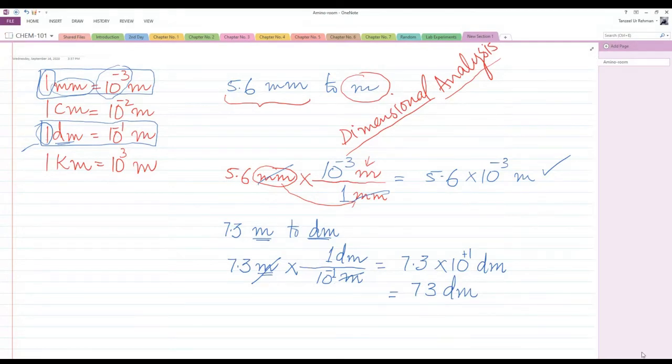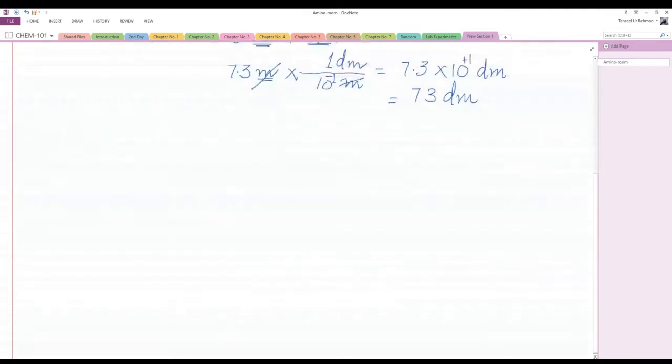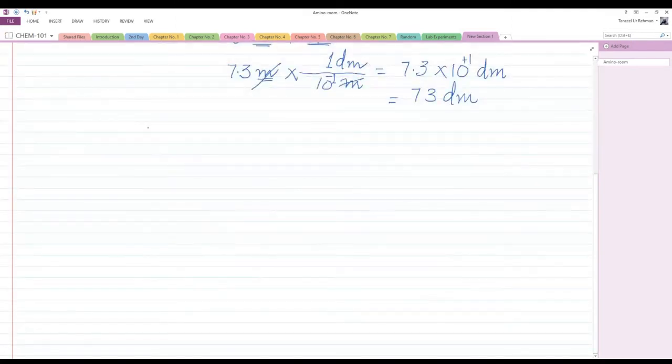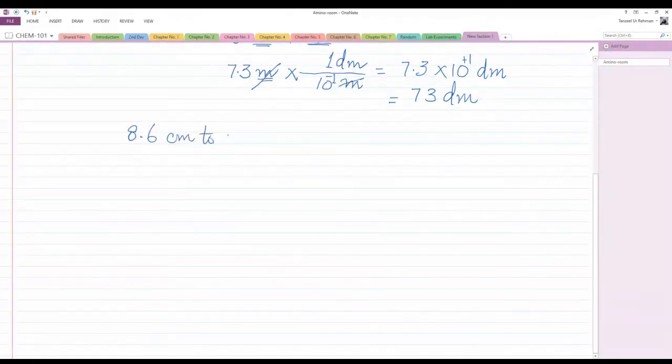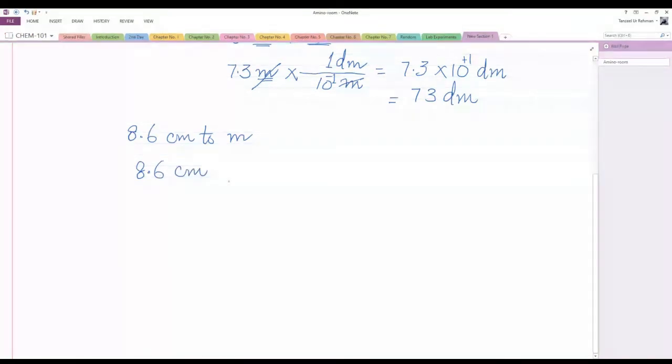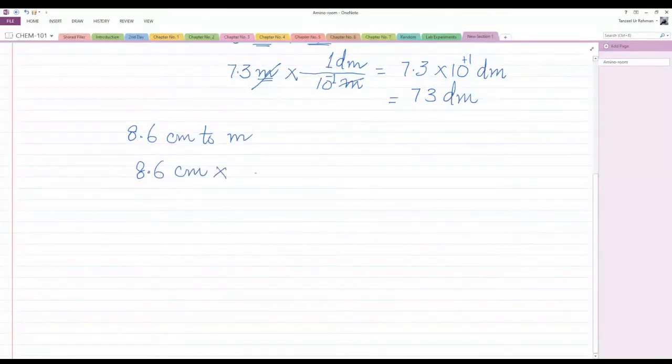Another example, then you will easily understand. If I say change 8.6 centimeter to meter, what is given? 8.6 centimeter, multiply, divide.